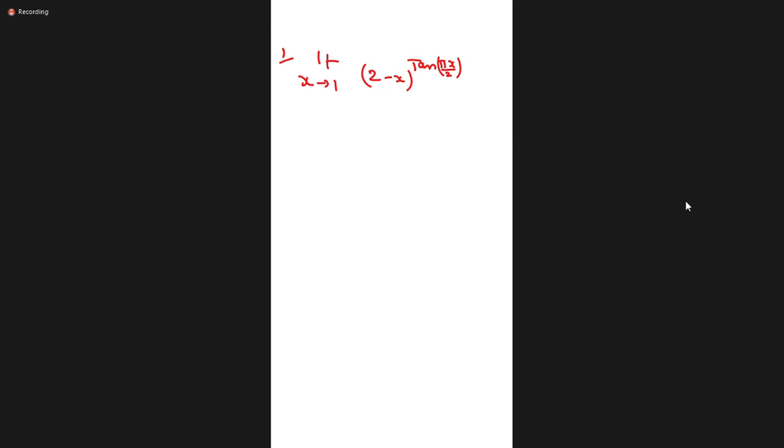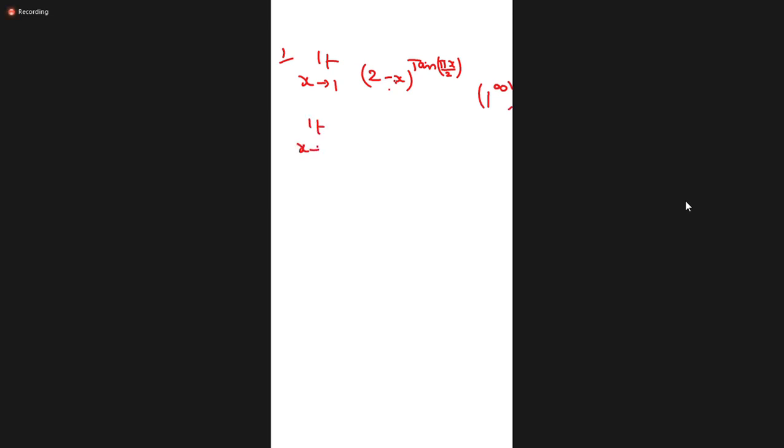Just by seeing function over function, you have to understand it is 1 power infinity. Confirm by substituting x tends to 1 inside the function: 2 minus 1, you get 1. In the power, tan pi by 2 is infinity. So this is 1 power infinity form.